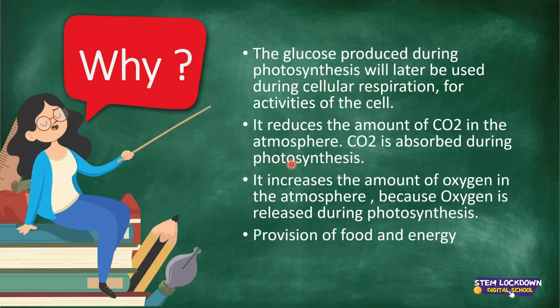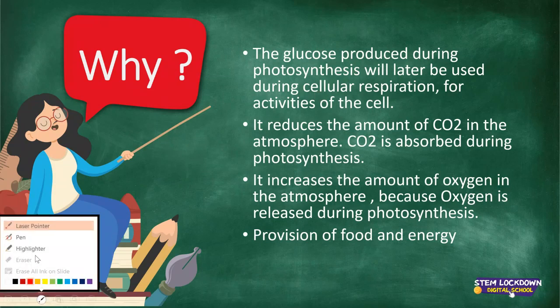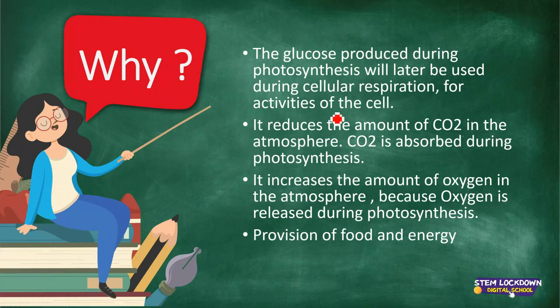So why does photosynthesis take place? For what use? The glucose that is produced during photosynthesis will later be used during cellular respiration. Cellular respiration is something that we will cover as we go through our lessons throughout the week or probably next week.